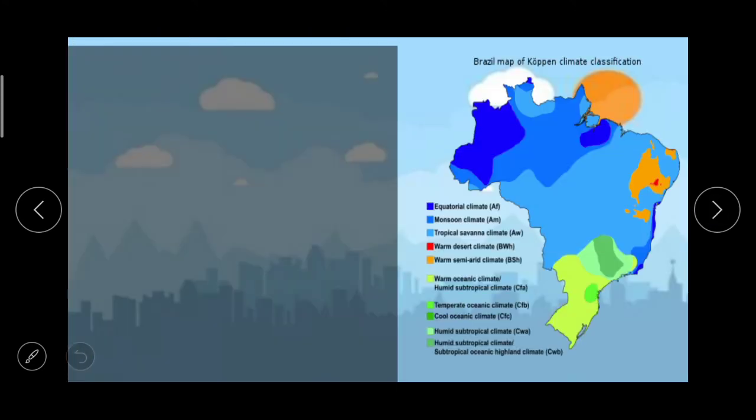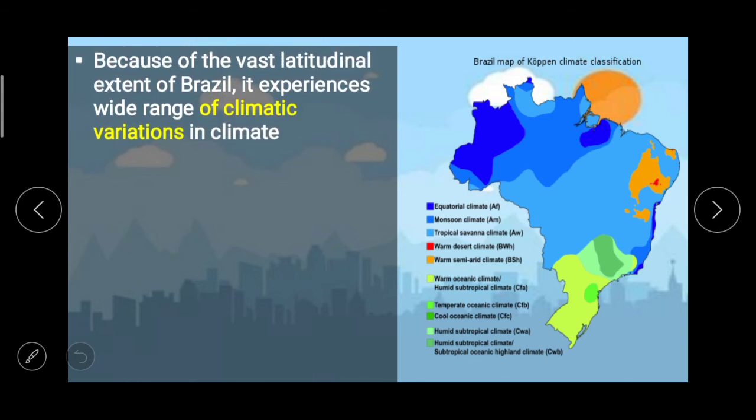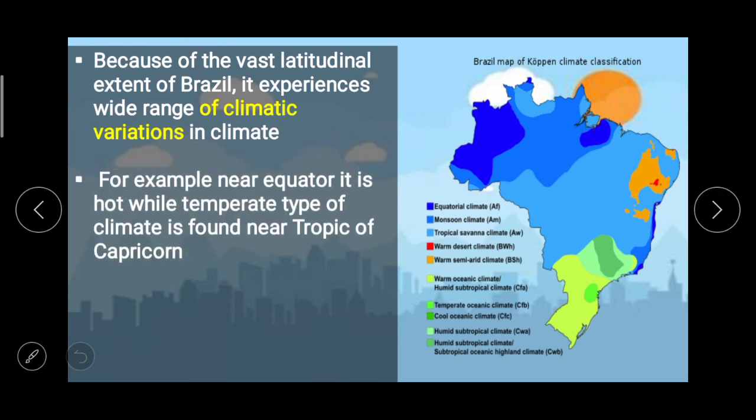And now, let's start with Brazil. Because of the vast latitudinal extent of Brazil, it experiences a wide range of climatic variations. Now, what does it mean? Wide range of climatic variations.